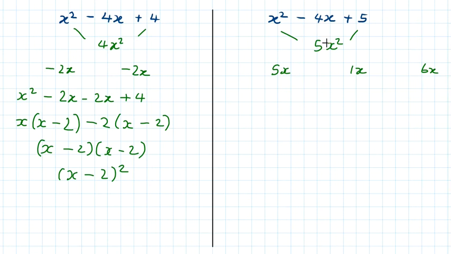So we need 4x. If we try minus 5x and 1x, we get minus 4x, but if we multiply these two, we get minus 5x squared, which is not what we need. So we are actually stuck, and there is no possible combination which we can use to break down minus 4x that meets our requirements.